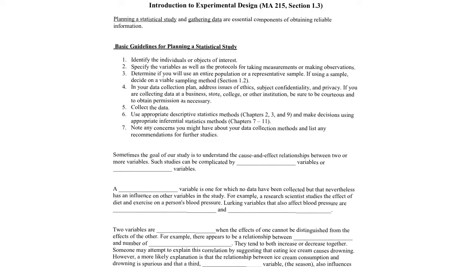Our section today is section 1.3, which is Introduction to Experimental Design. Sometimes this is referred to as design of experiments, and it's actually an extremely important topic in statistics and in research generally. So this is a first year stats class, so we are going to cover this topic in just one section.